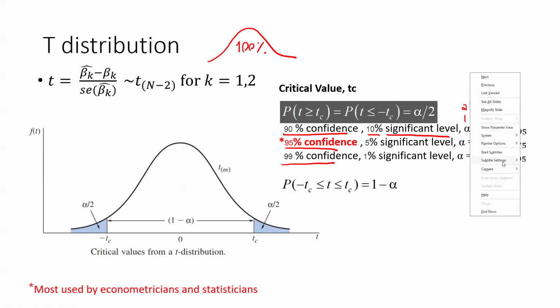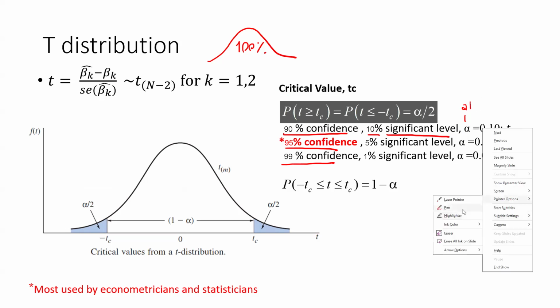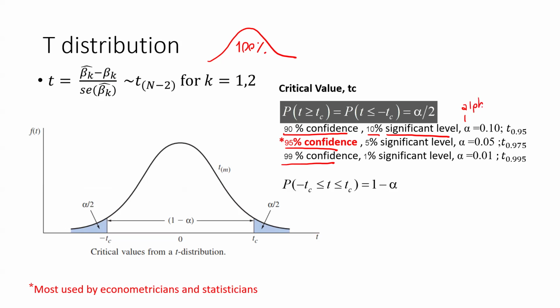The significance level literally means how much error we can accept.